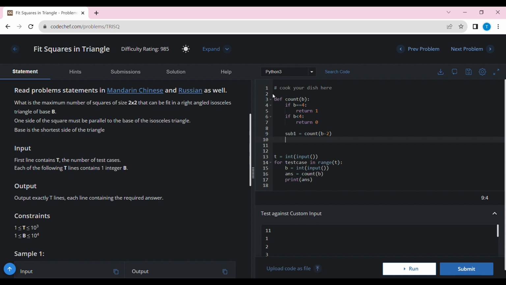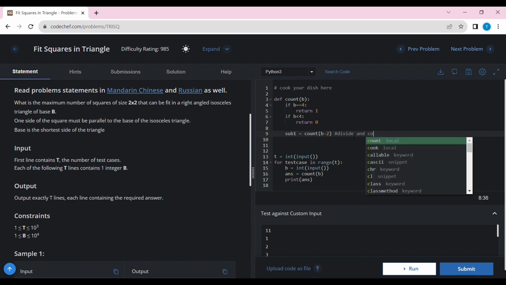Now that's all I'll do here, right? This is my divide and conquer, both steps together, because I've already divided it into subproblems. There's just one subproblem, which is this b minus 2, and I've also conquered it in this step. How have I conquered it in this step? By the subproblem assumption technique.